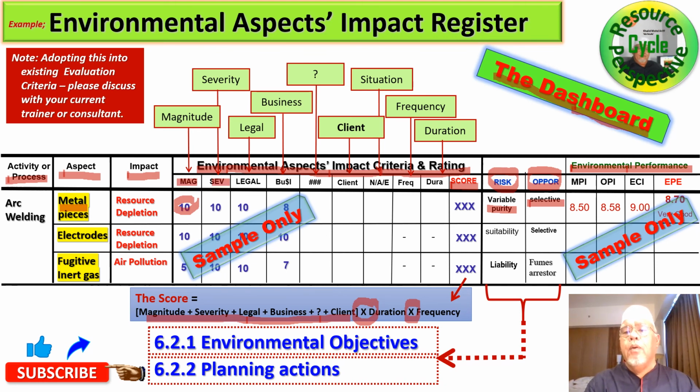So here we have the environmental performance evaluation in the dashboard. MPI is management performance index, OPI is operations performance index, and ECI is environmental condition index. And we have the overall EPE for each environmental aspect.